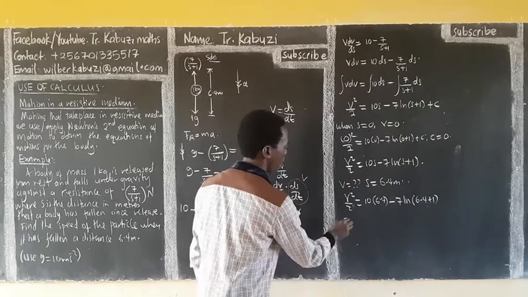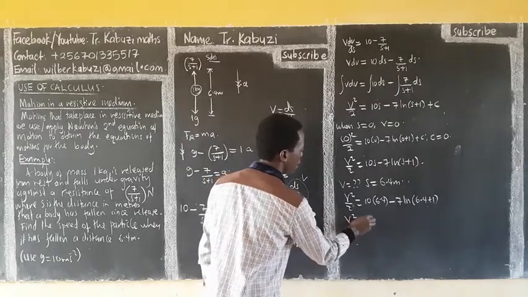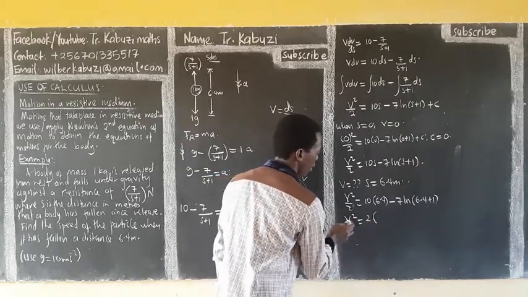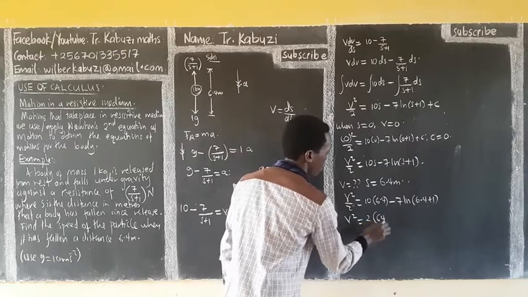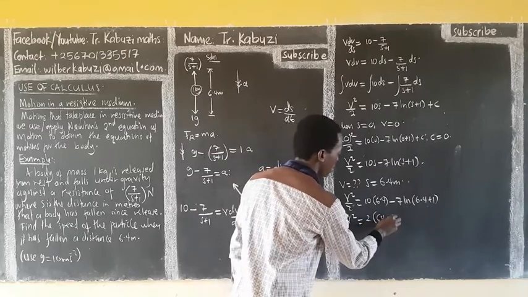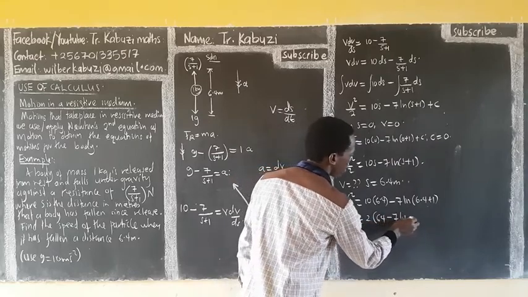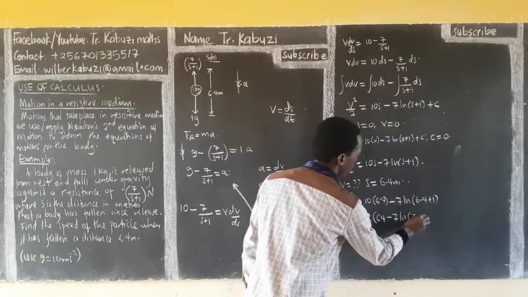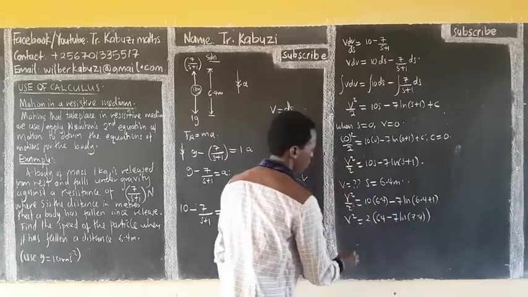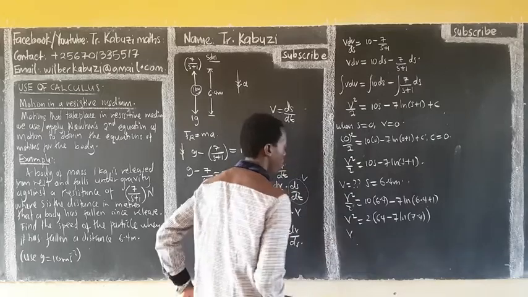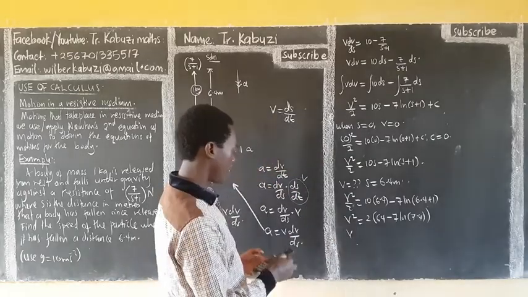So from there, when I cross multiply, v squared will be 2 into 64 minus 7 natural log of 7.4. We get that onto a calculator.